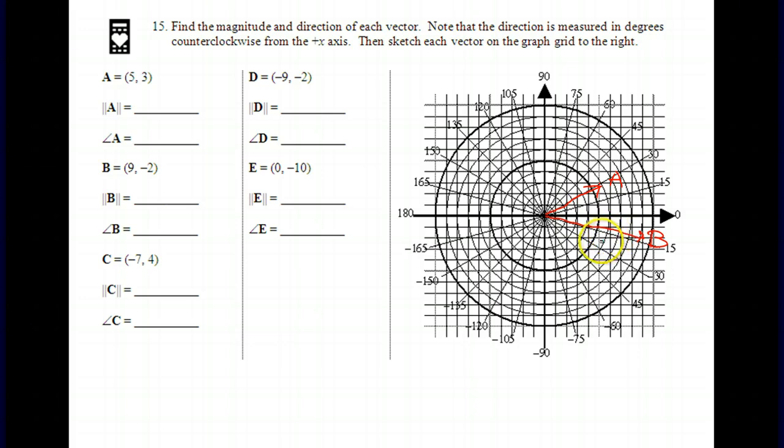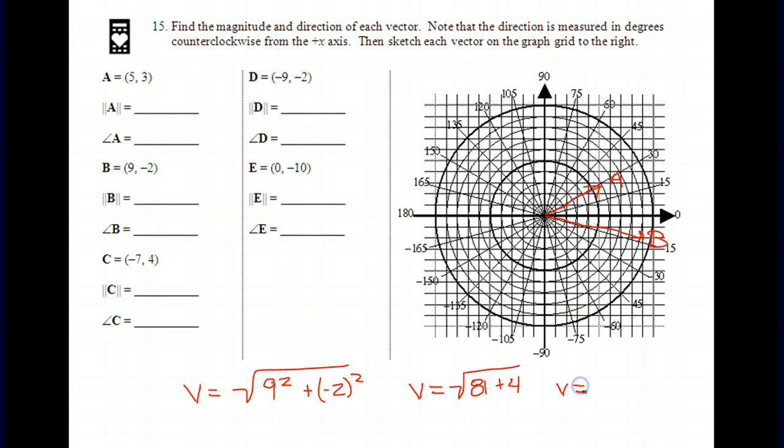Did I draw that in there correctly? Hopefully, right? Then you would have to figure out B. And as we do that, we're not actually really worried about the negative values because they become positive when we do this. 9 squared would give us 81, negative 2 squared would give us 4, right?